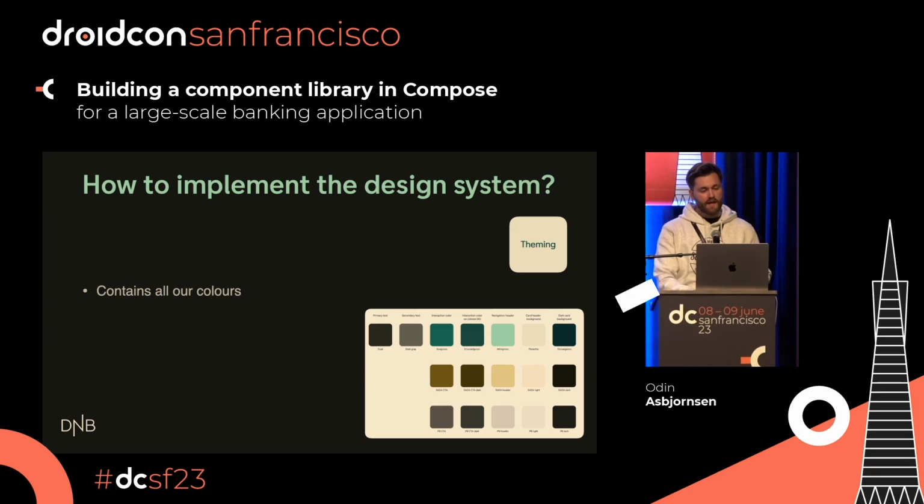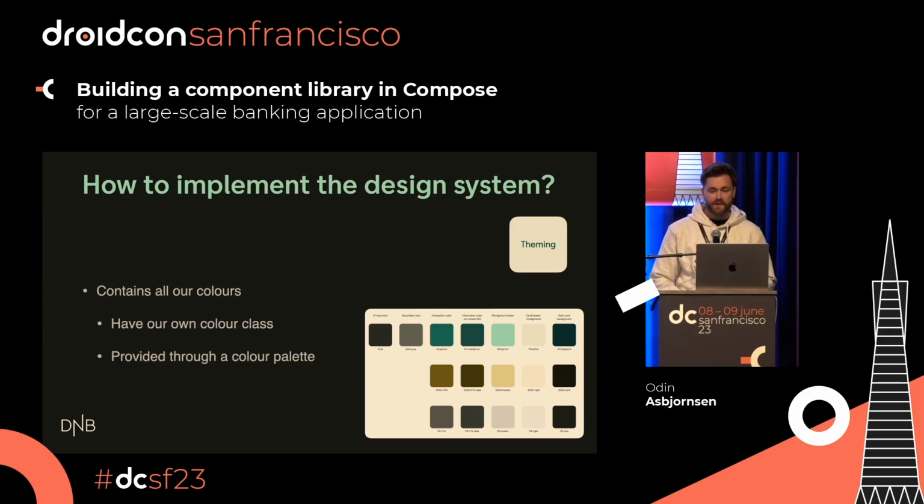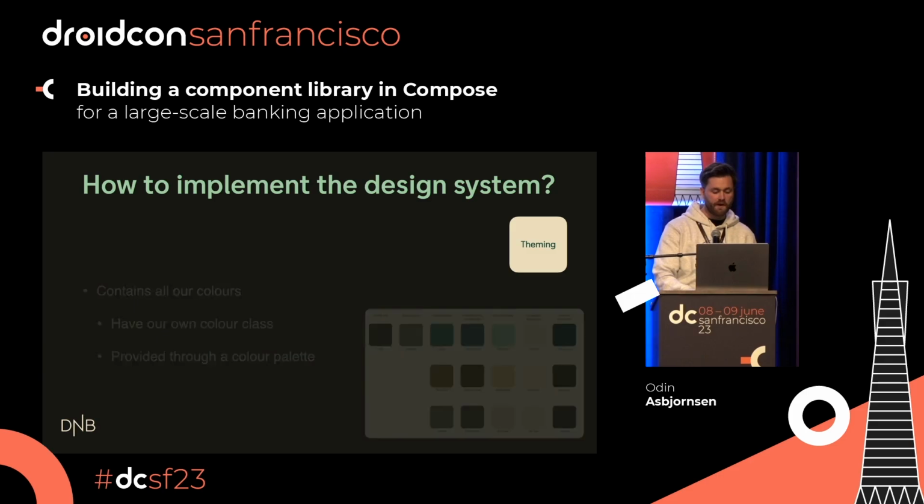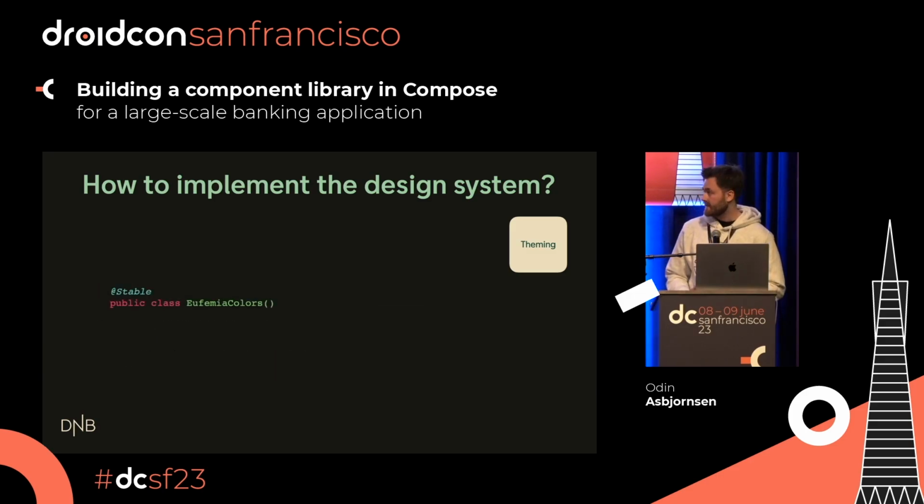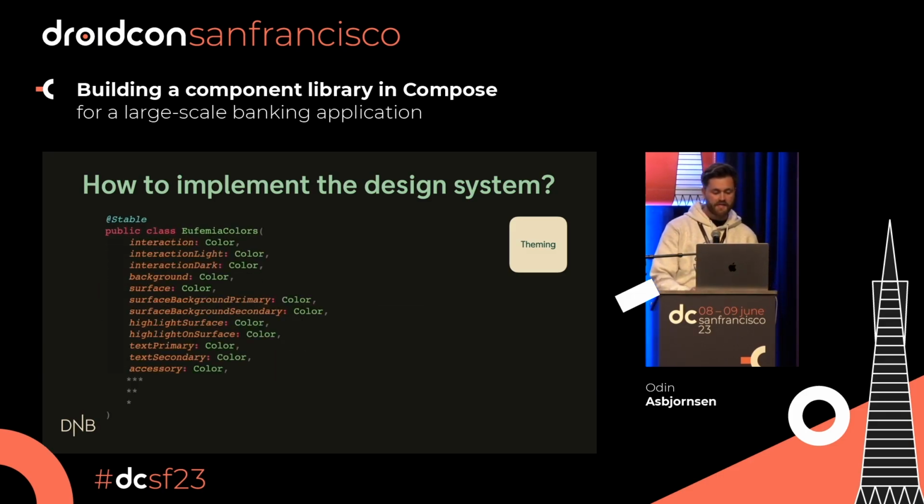So we had our own color class, which we needed to provide through a color palette. So we had something like this. We had a color class, which set our color attributes. For instance, interaction color is not like a Material thing. That's a Euphemia version of saying your primary color.